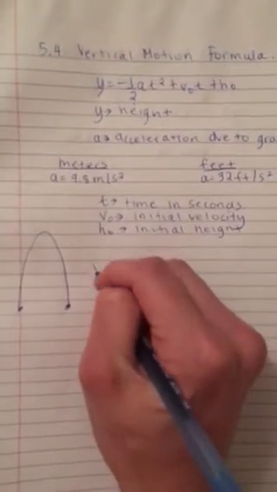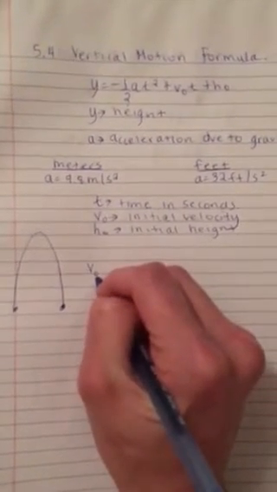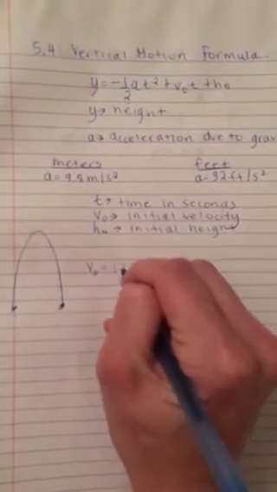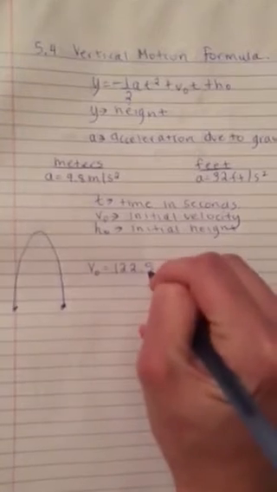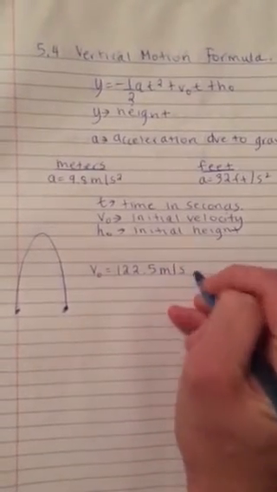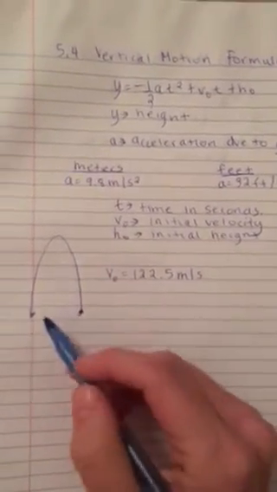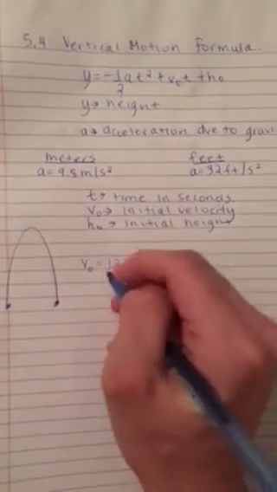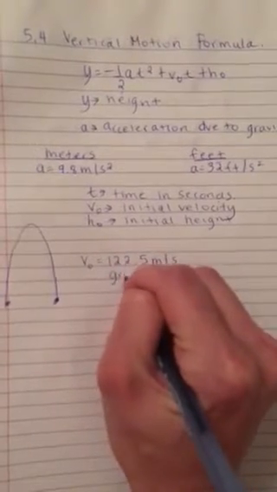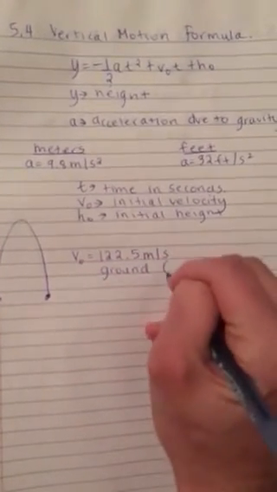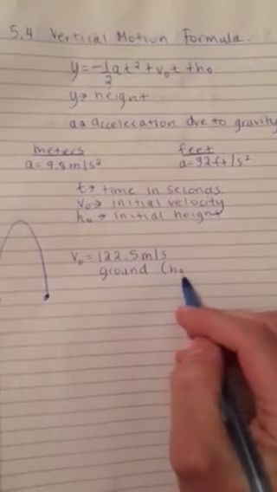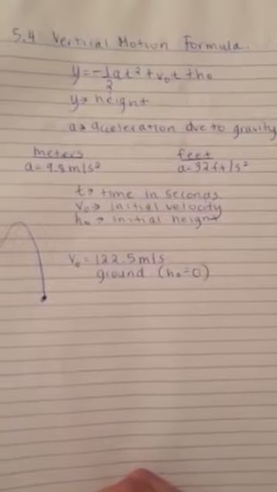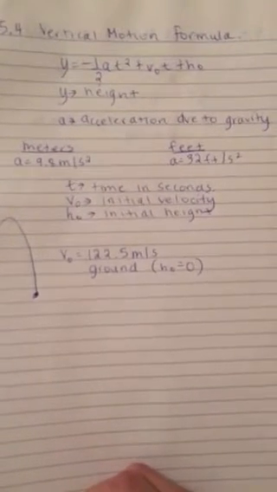I know that the rocket will be launched at an initial velocity of 122.5 meters per second. I'm also going to launch the rocket from the ground. I'm just going to write the word ground. And that would mean that my initial height is actually 0, right? We talked about how ground always represents 0 height. All right, follow me so far?